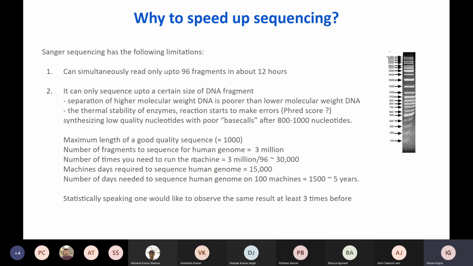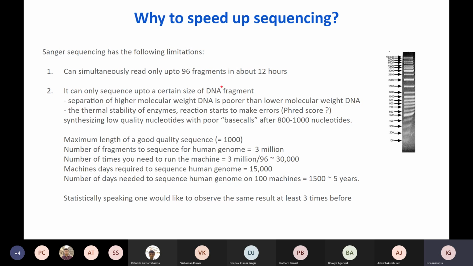There was a video I posted at the beginning of this lecture which shows how Sanger sequencing happens. Simultaneously, in a Sanger sequencing machine, you can sequence approximately 96 fragments in about 12 hours. Let us say the largest fragment you can sequence is about 1000 nucleotides, and that's the good quality of DNA that you can do.